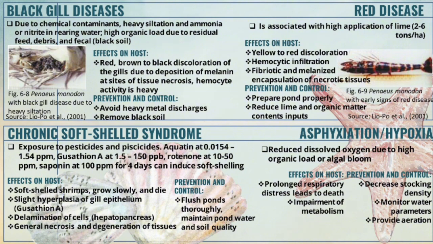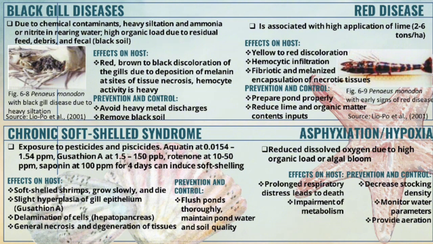So the effects of this disease on our host include prolonged respiratory distress, which then leads to death, and sublethal levels may cause impairment of metabolism, resulting in growth retardation. So the prevention and control for this disease is to decrease the stocking density, monitor water parameters frequently, and to provide aeration facilities and water pump for water change.